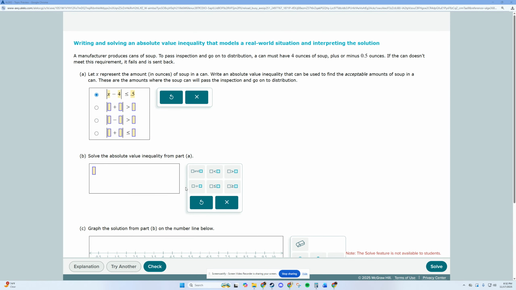So I could put it in between. I wonder if I could use the word and, because I think I could also do in between. We'll see if they accept it like this.